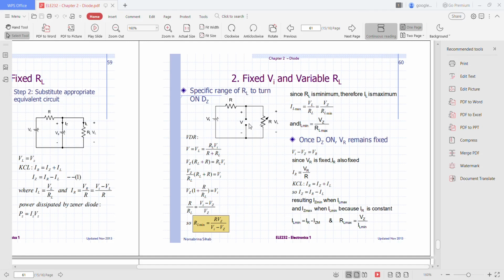That is, Vz equals VL, and it is equal to RL Vin over RL plus R. This is actually by using the voltage divider rule.